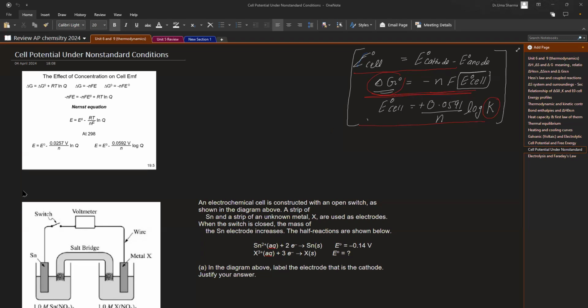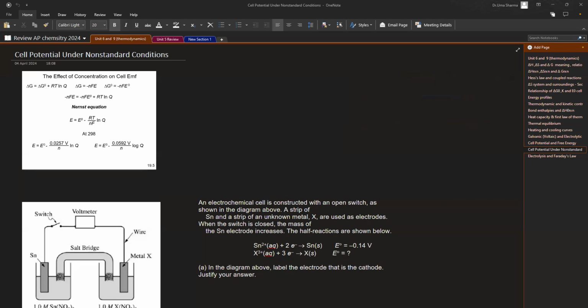Now today we are going to review how to calculate cell potentials under non-standard conditions. Under non-standard condition, we are going to call it E cell.